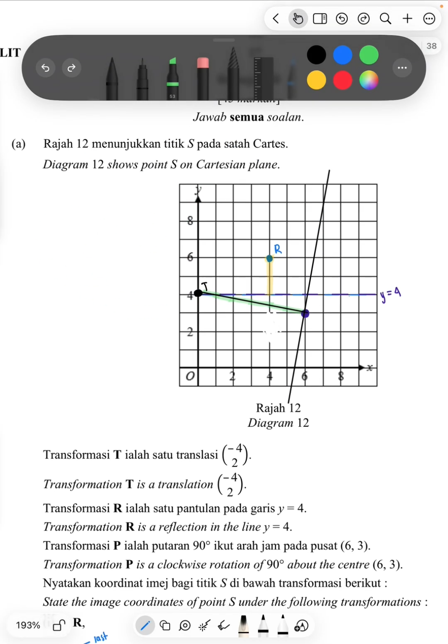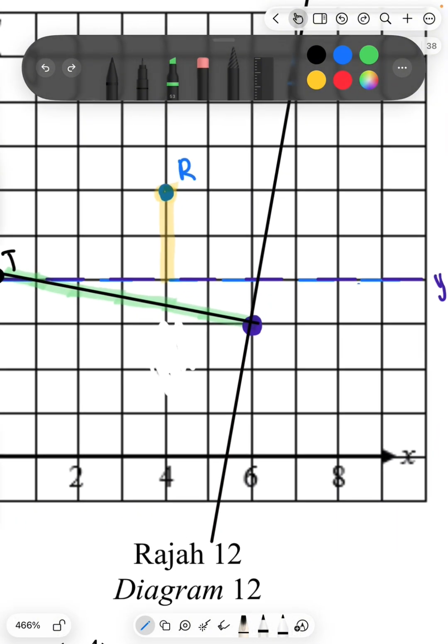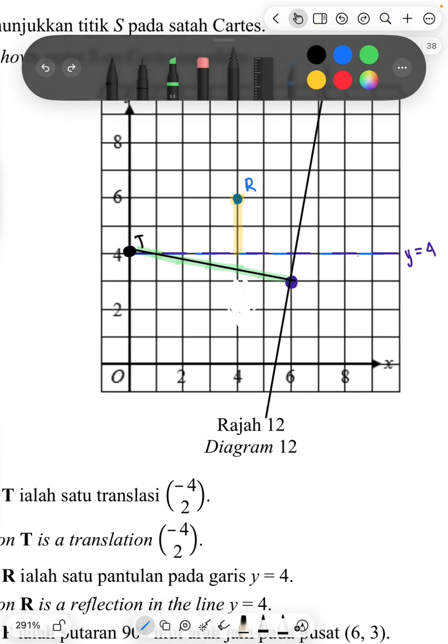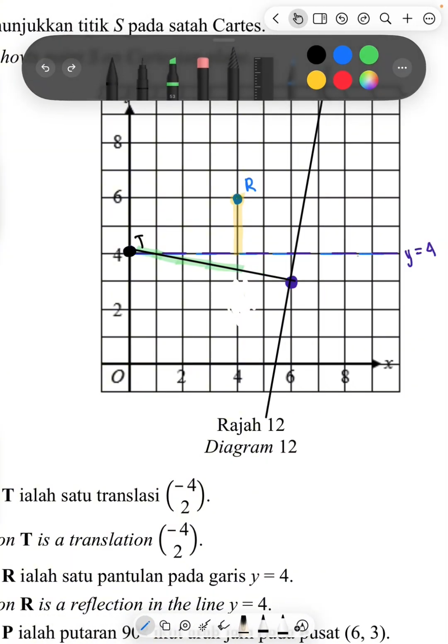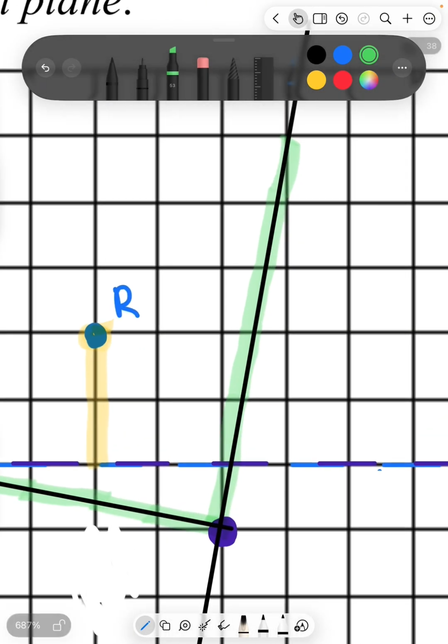Okay, so 6 boxes until center P. So I do the same thing. 1, 2, 3, 4, 5, 6.